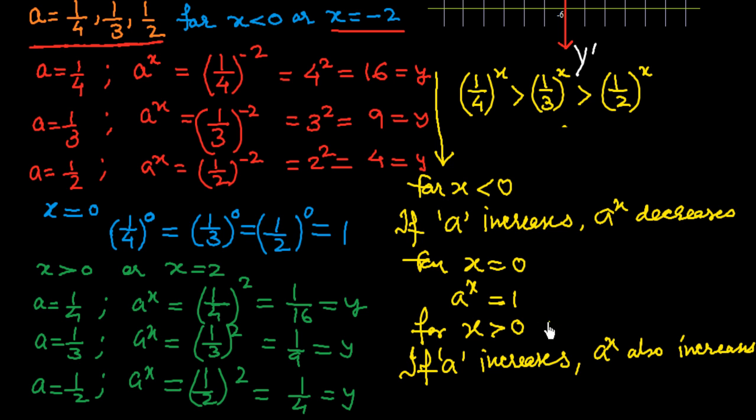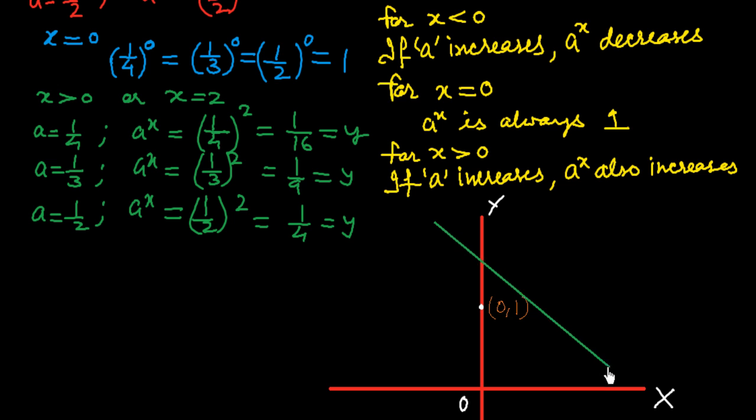Now I show you on a graph how it looks if we draw the graph of all these functions. It is y is equal to 1 by 4 to the power x. There also I write the same thing. Now another graph we are drawing here.